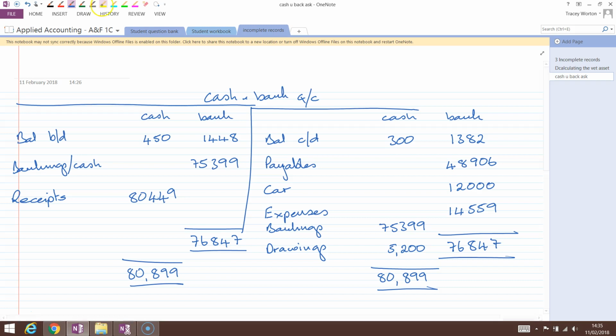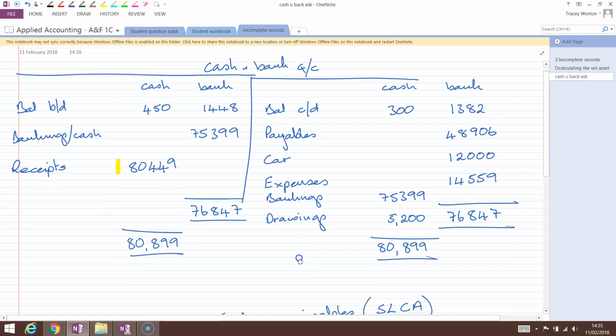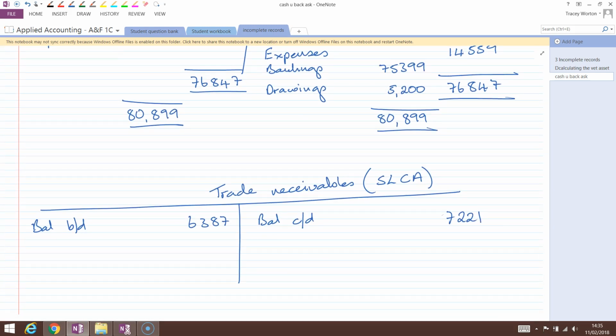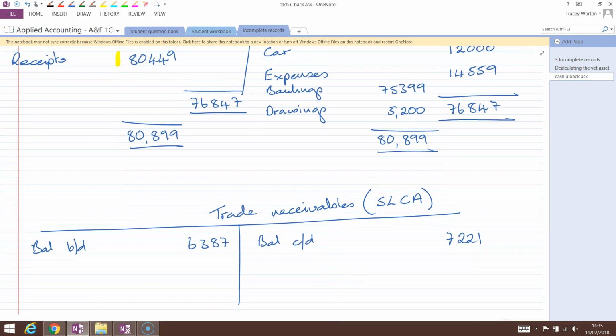So we have to remember the figures that we're going to put through. So still haven't put the receipts through from our customers, so that will need to be done. So if we have a look then at our trade receivables account, so we put through 80,449 into the bank account, assuming it came from our trade receivables. Not all of our receivables, not all of our sales would be for credit, but we're just going to deal with the one figure.